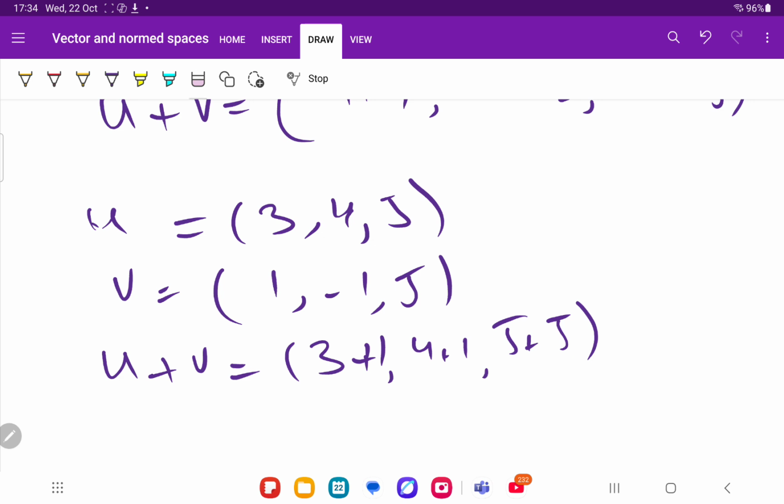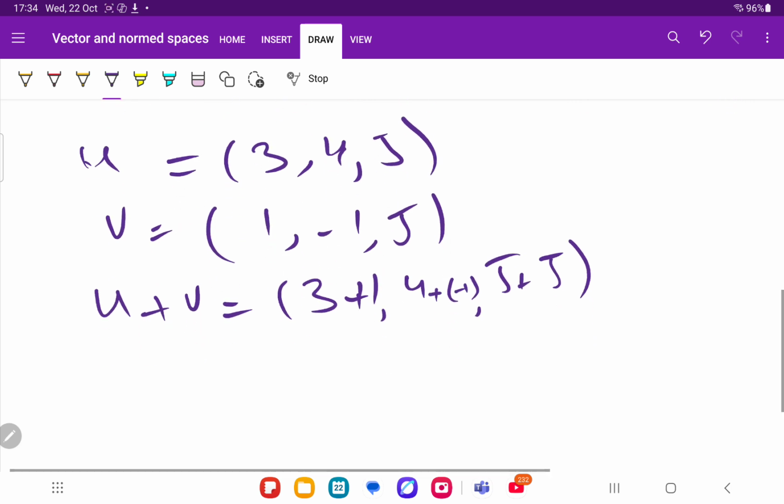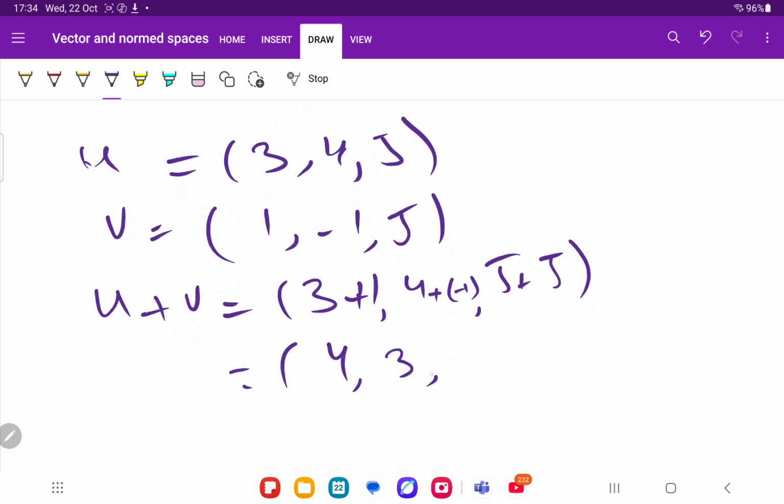So the answer is 4, 3 and 10. That is u plus v. The point is that if you have two vectors u and v, by adding them you will get a new vector. You got the point?